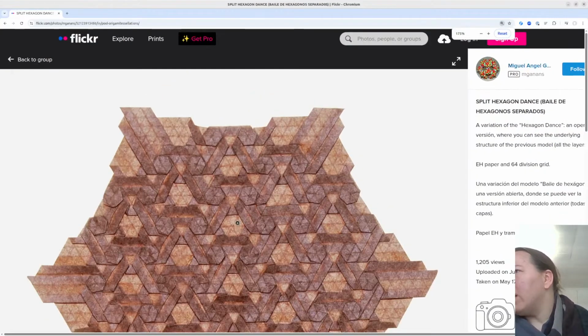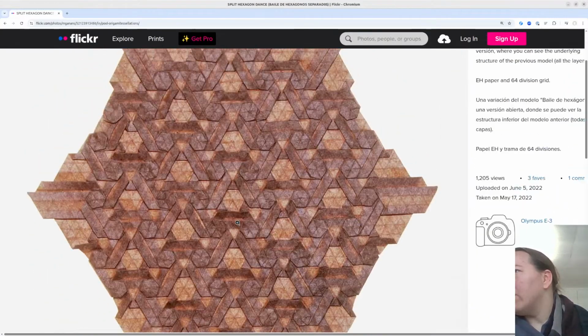What I'm seeing, I just zoomed in, what I'm seeing in this pattern is that it's not strictly using only twists. So there's hexagon twists, and then there's these 3-way intersections that have been laid down flat.